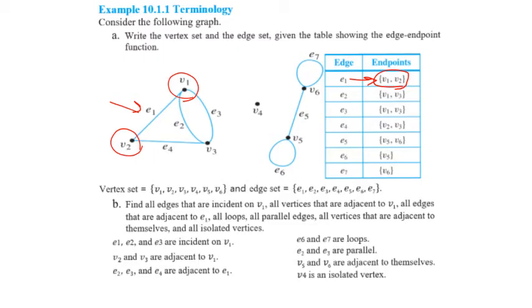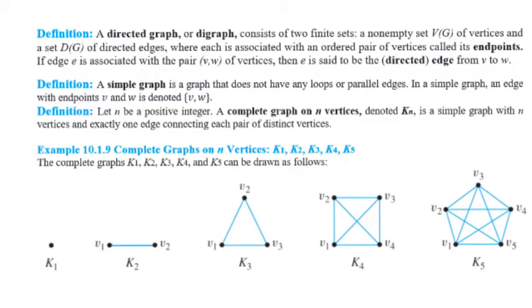Okay, so in this slide we continue presenting some other preliminary definitions regarding graphs. We start with the definition of directed graph or digraph. We say a directed graph consists of two finite sets, just like an ordinary graph.